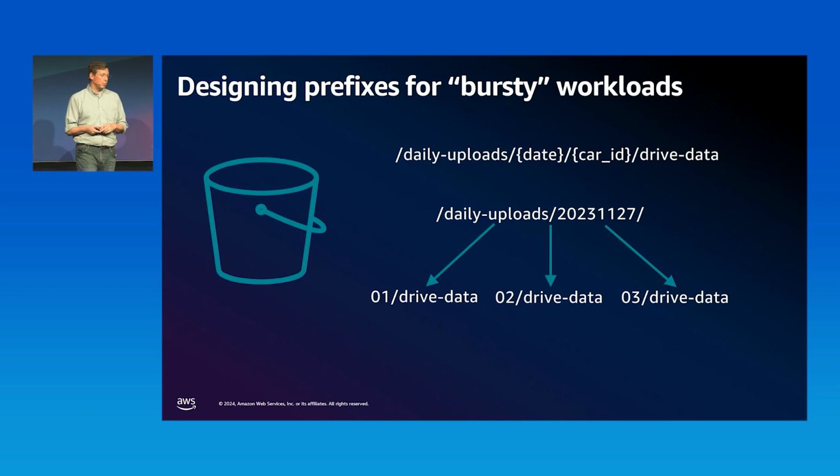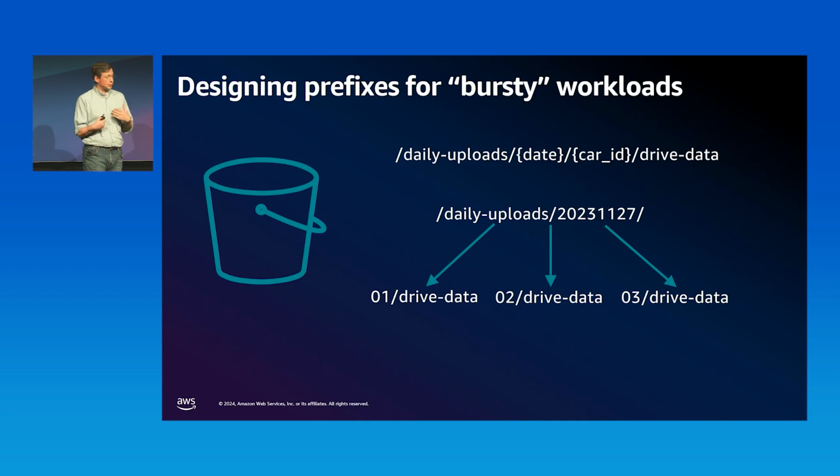Now, in a given night, some of your vehicles might start to see some initial throttling occur, 503 slowdowns from S3. But over the course of the evening, S3 will learn the traffic patterns and see that there are what we call split points in your incoming traffic, and we'll be able to split your TPS against this pattern. In this case, it'll be the car's identifier. And by the end of the evening, each car or group of cars will have their own dedicated allotments of that 3,500 TPS of puts.